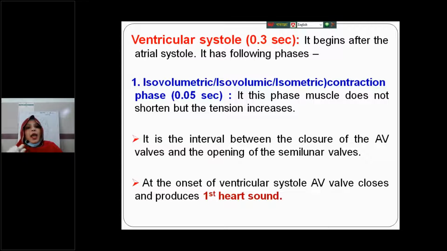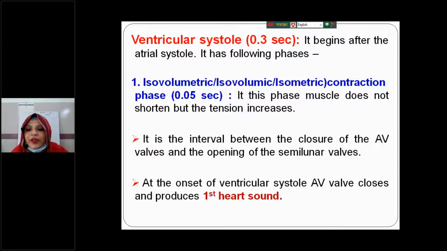This period is called the isovolumetric or isovolumic or isometric contraction phase. You can say simply isometric contraction phase. At the onset of ventricular systole, the AV valve closes and produces the first heart sound.